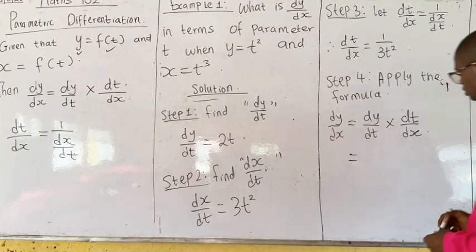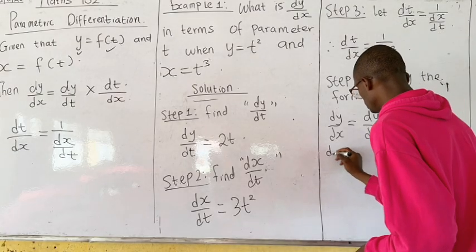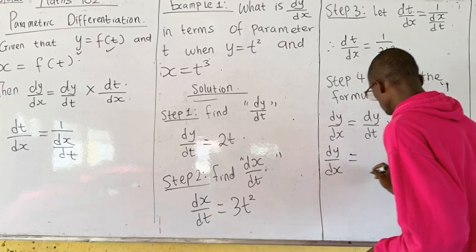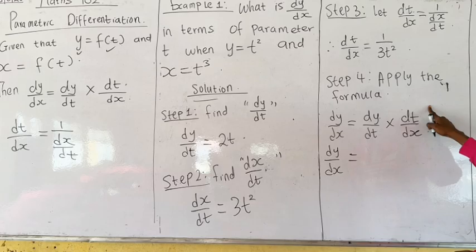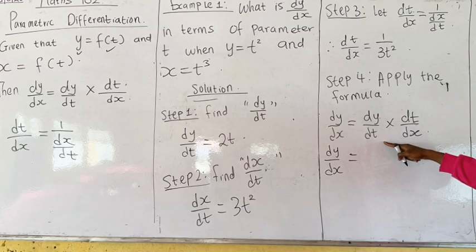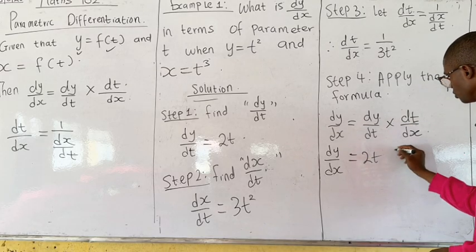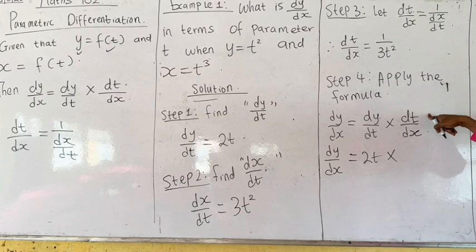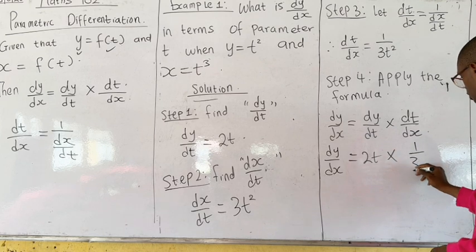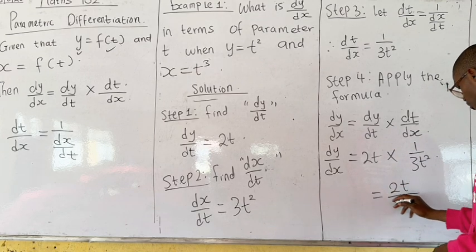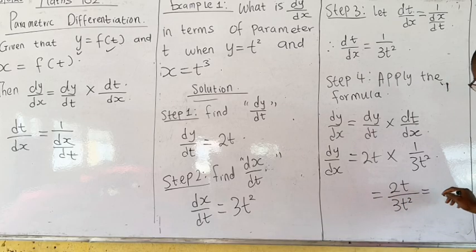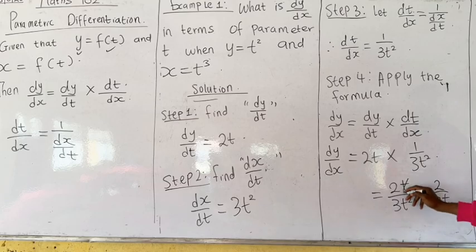So we can now go ahead. dy/dx is 2t multiplied by dt/dx, which is 1 over 3t squared. That gives 2t over 3t squared, which gives 2 over 3t, because one of the t's will cancel.